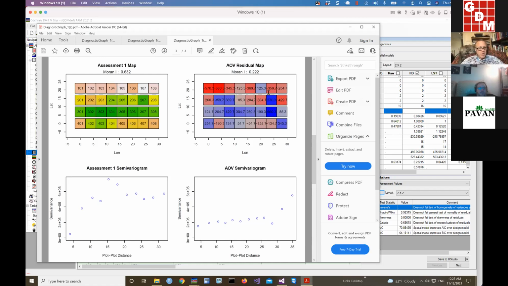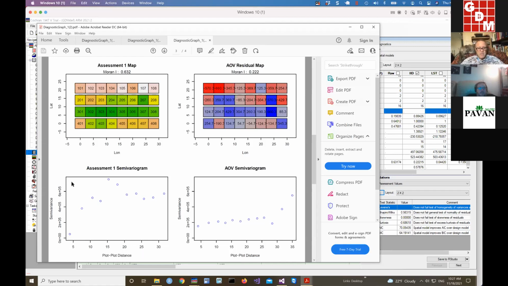among our experimental units. And the semi-variogram, which is something we've recently added, shows the degree of correlation or similarity among adjacent experimental units, where we look at the plot-to-plot distance. And this is a measure of the variability or the variance among units.